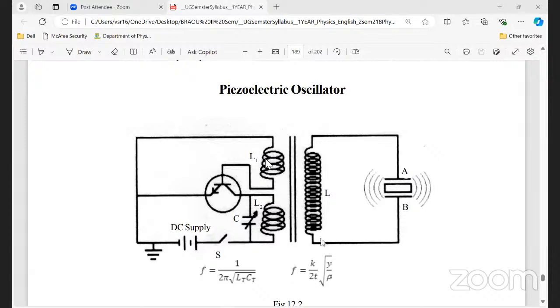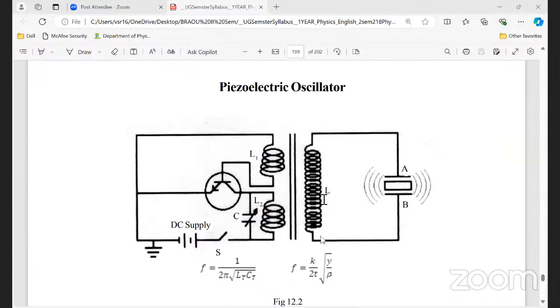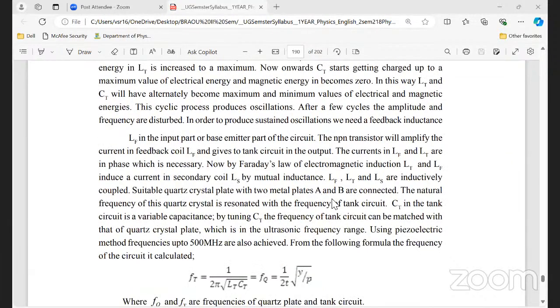This is the feedback, this is the tank and this is the secondary coil. So LS, LF, LT are inductively coupled here.